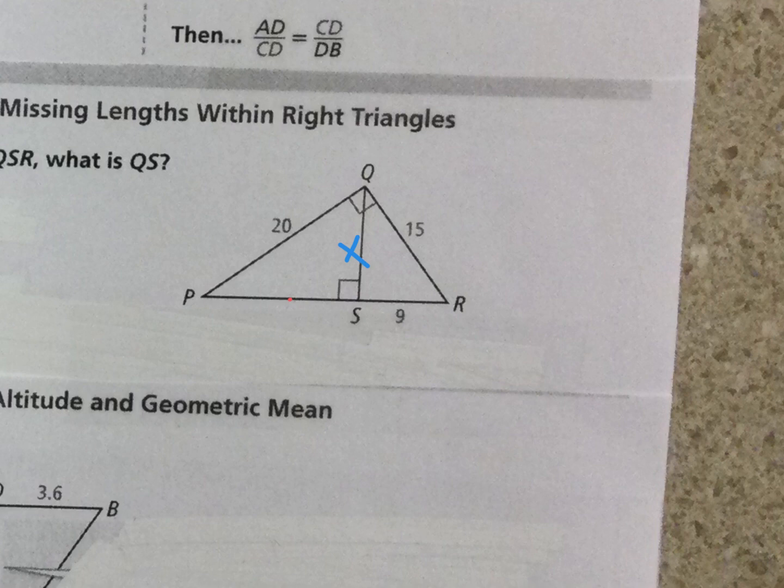And I don't have it, but I do have Pythagorean theorem. So X equals the square root of 15 squared minus 9 squared. And if I do that, I get 12. So X is 12.